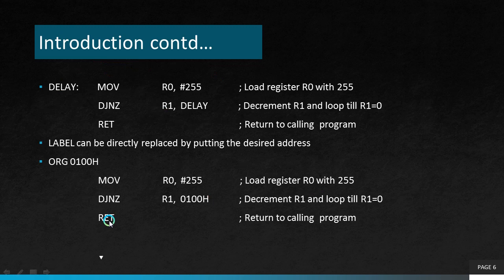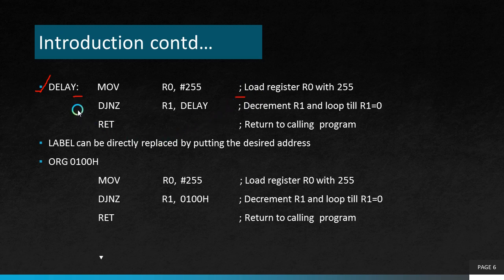Now let's understand this 4 fields format with an example. This is a subroutine or function for generating delay. The first column represents label, the second column denotes opcode, the third denotes operand, and the fourth denotes the comments. As I have already said, here we can see the colon immediately after the label and the semicolon before starting the comments.